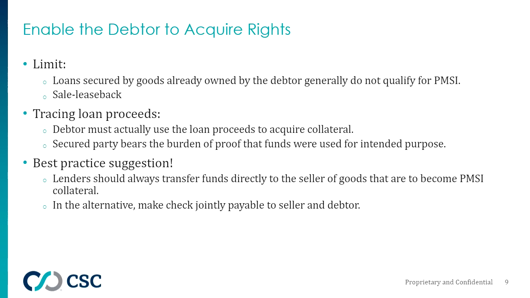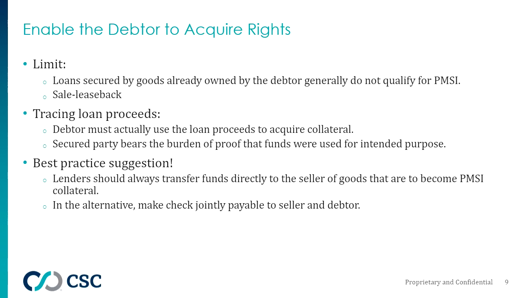So because of that, it always is a good idea to transfer the funds directly to the seller of the goods, to be able to prove that that portion of loan proceeds was used to actually enable the debtor to acquire rights in the collateral. In the alternative, of course, a lender can make the check jointly payable to the seller and the debtor.